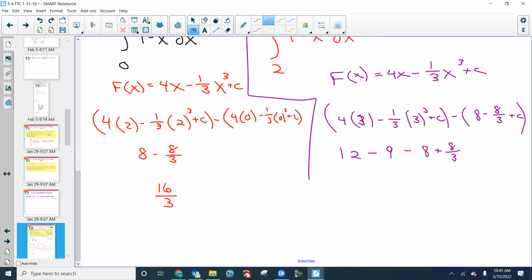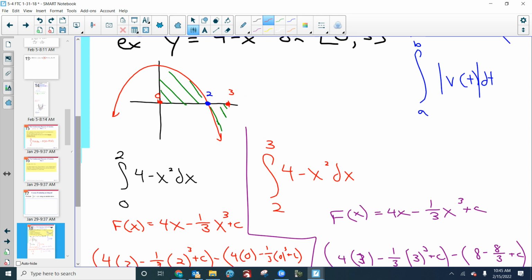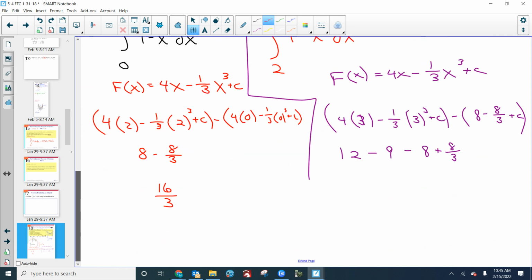Positive, keep it positive. Now, we had the benefit, I actually drew this one for you to kind of predict, okay, 16/3. The next one, we're kind of expecting it to be negative. Let's see, 12 minus 9, 3. 3 minus 8, negative 5. Negative 15/3 plus 8/3 is what?